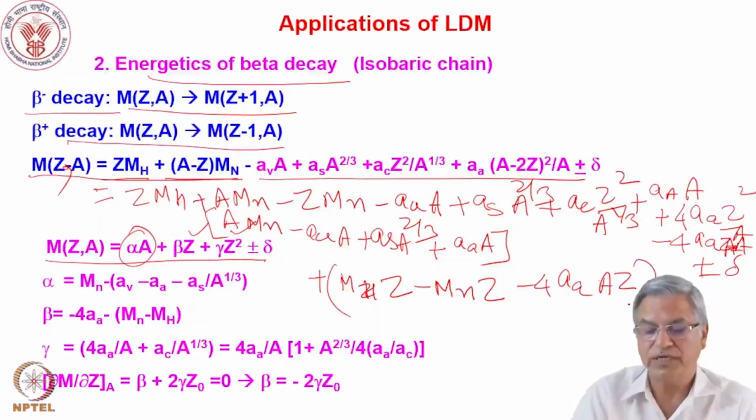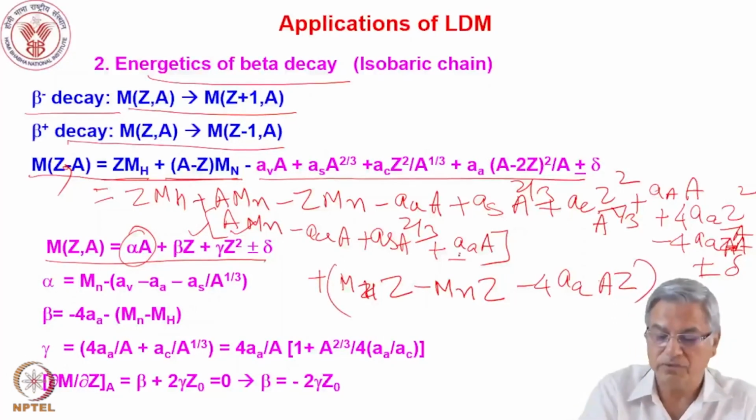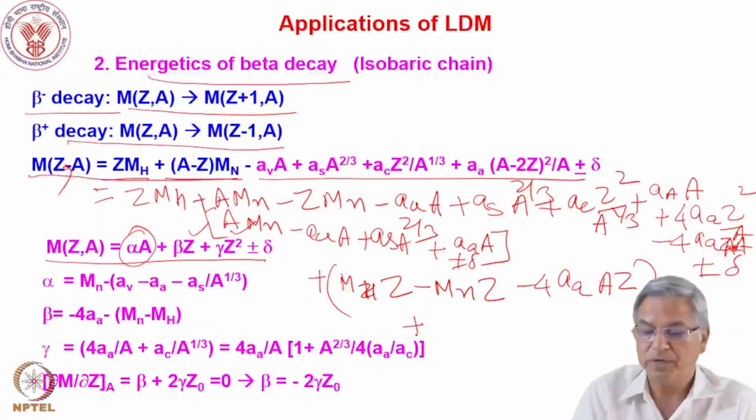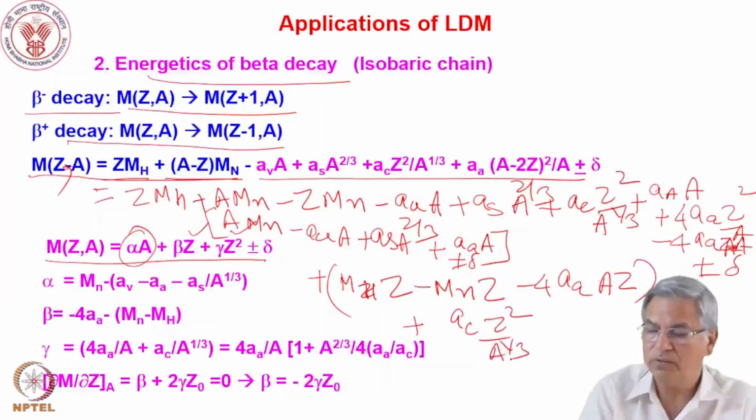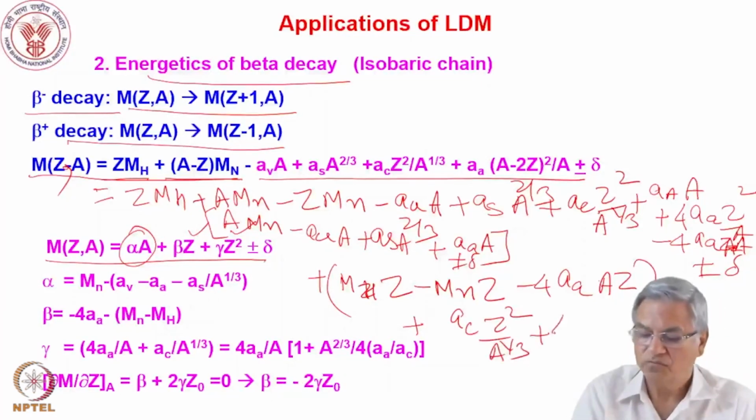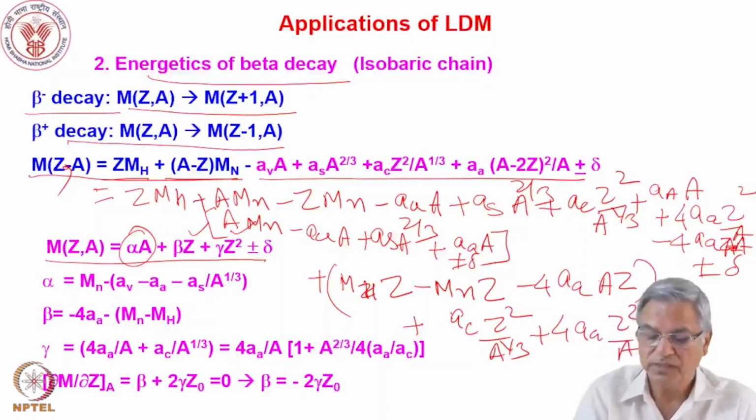You can take out Z, and in fact you will have delta also here. And then lastly you will have the terms depending upon Z square: a_C Z square upon A to the power 1/3 plus 4 a_A Z square by A. So these are the Z square terms.